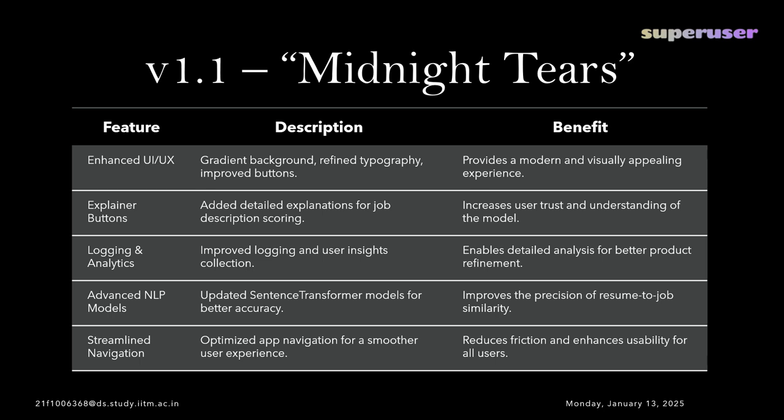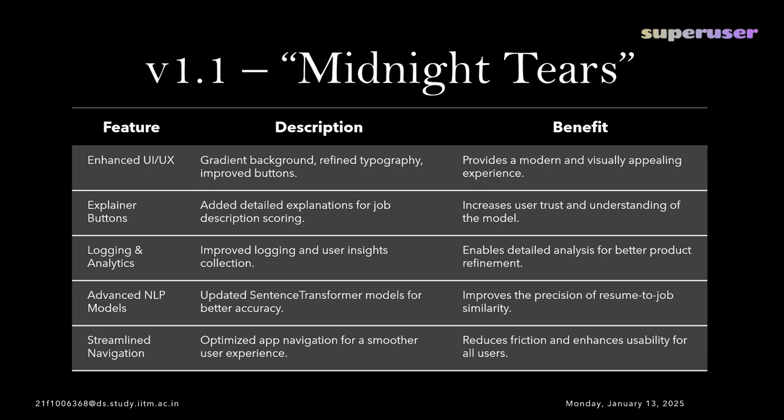Those buttons add detailed explanations for job description scoring, and what it helps us is in increasing the trust of end user, be it a recruiter or a coach, and to understand the model better. Because a lot of folks have skepticism about the usability and application of ML models. So we have tried to bring trust in through greater transparency.